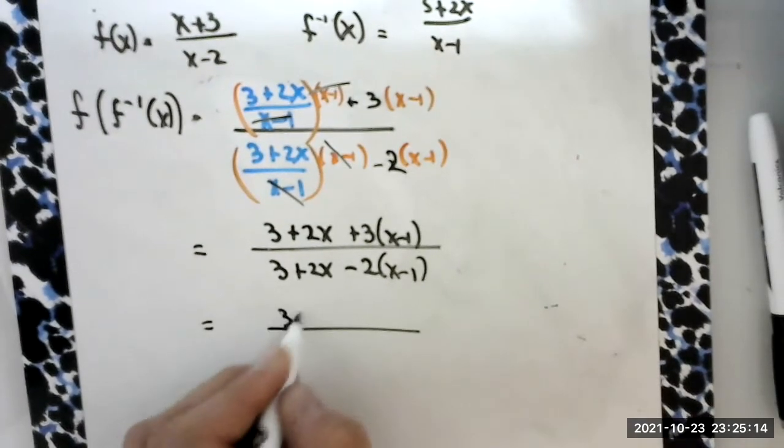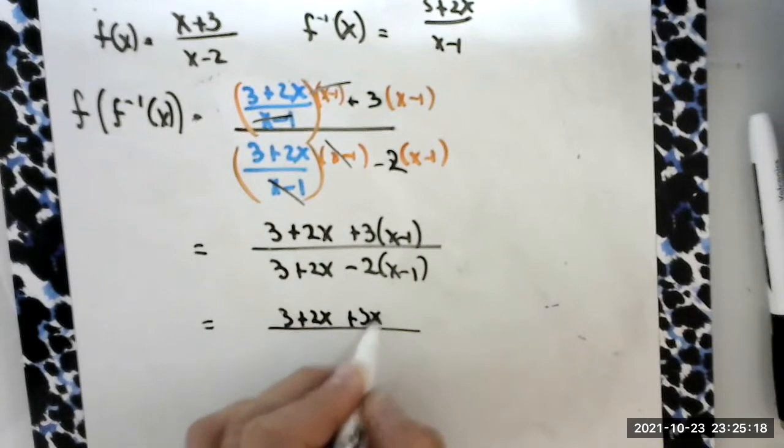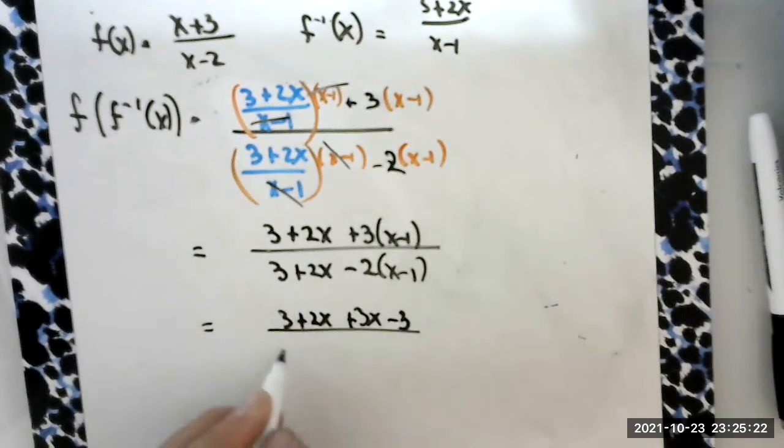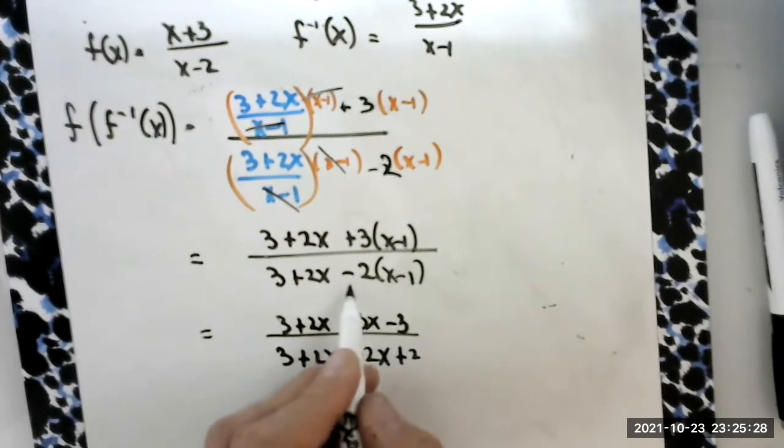So we have 3 plus 2x, 3 times x is 3x, 3 times minus 1 is negative 3, 3 plus 2x, minus 2x plus 2.